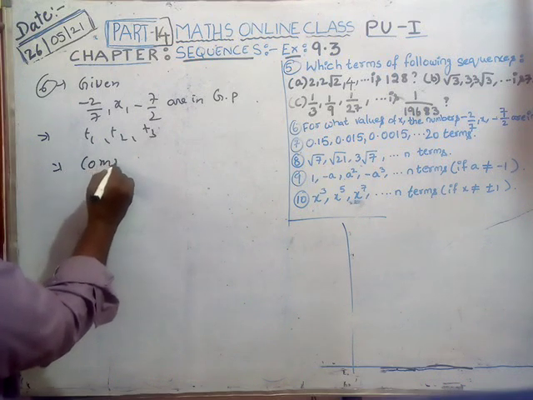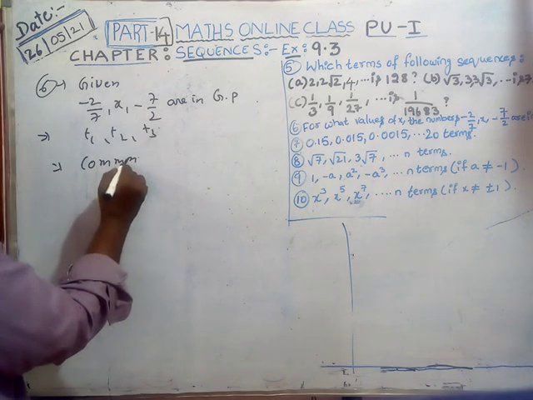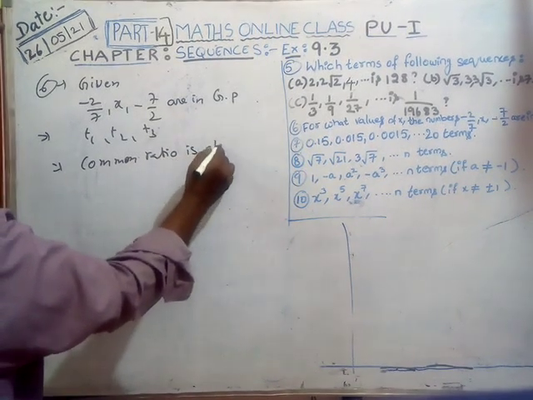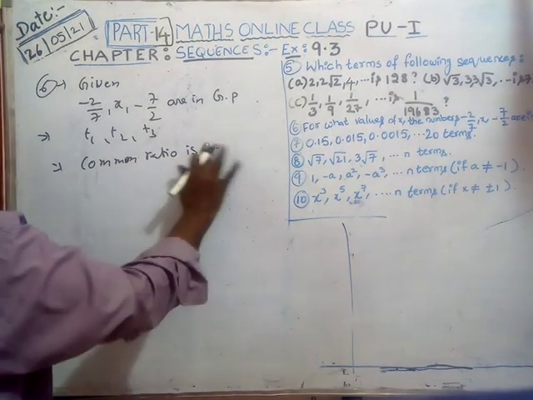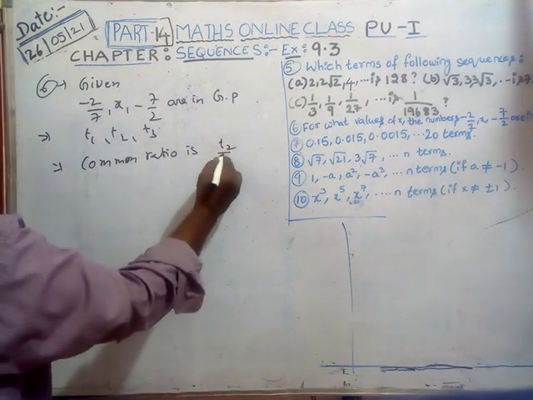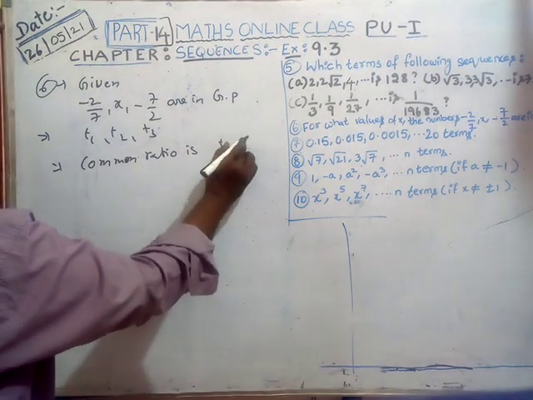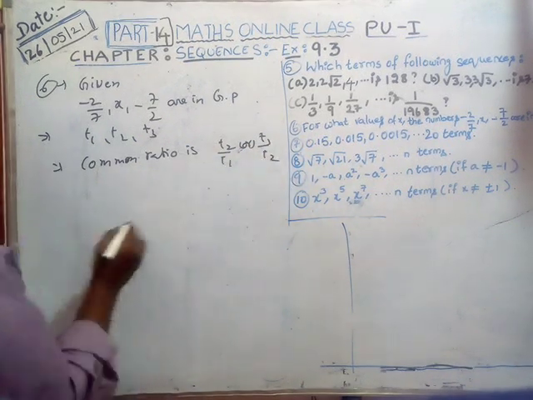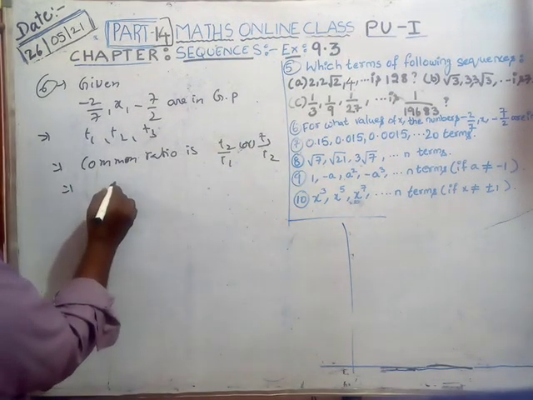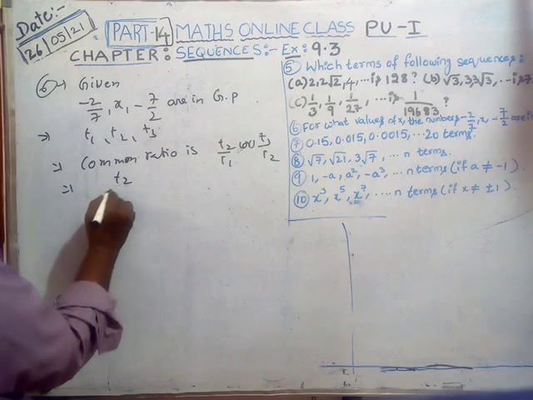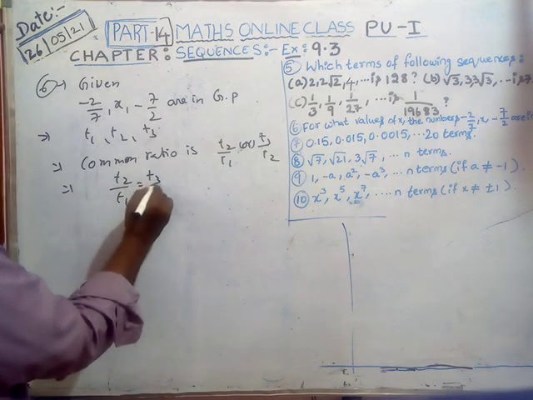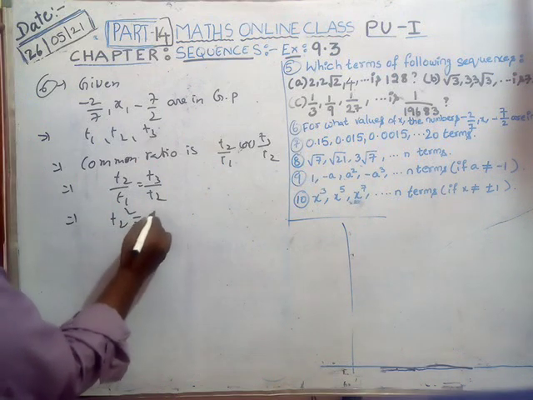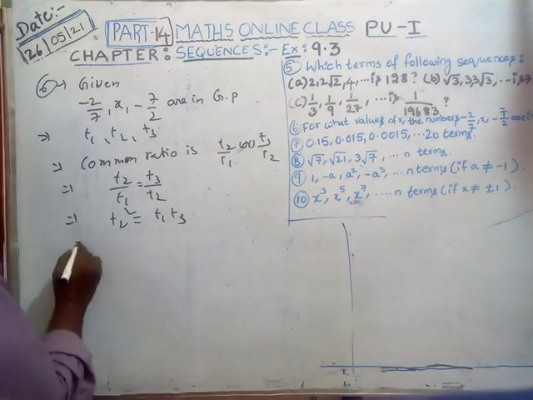Common ratio is T2 by T1 or T3 by T2 also. So here T2 by T1 is equal to T3 by T2. Both are the same. So T2 square is equal to T1 T3.